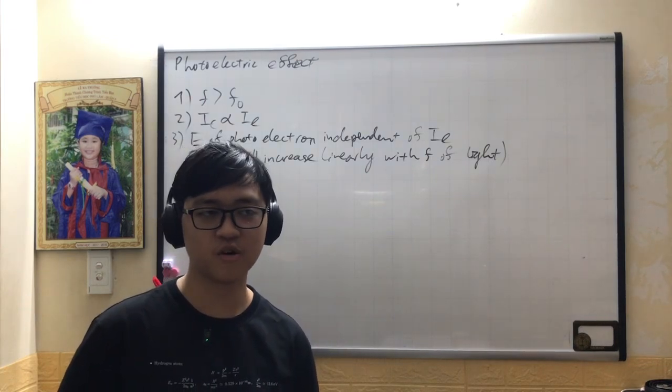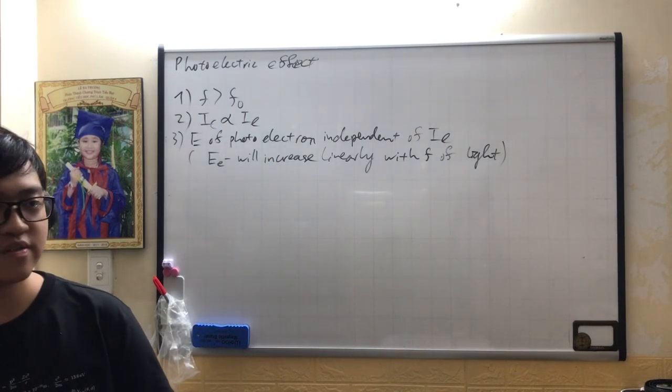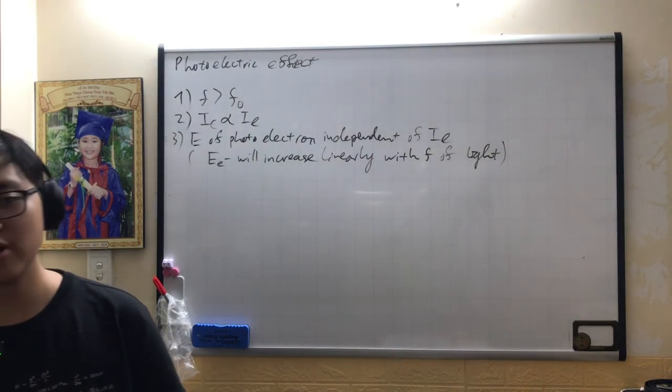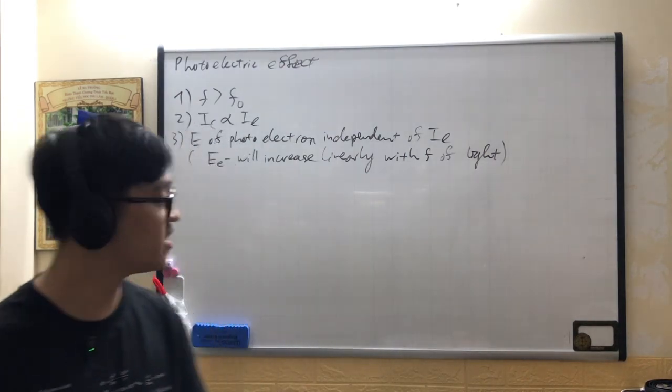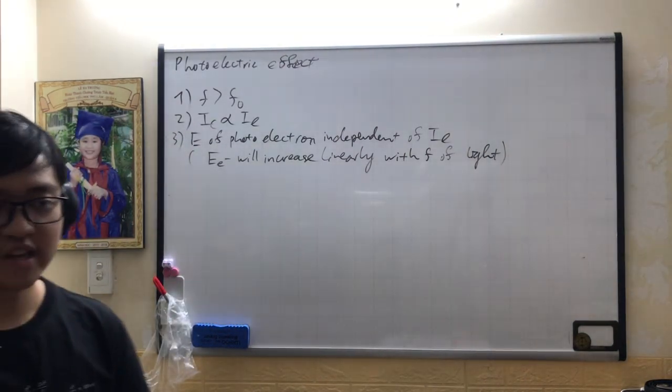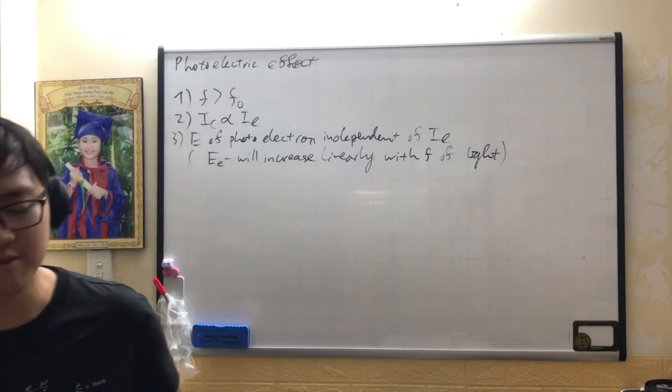This was later worked on by Philip Lenard in 1902, and then in 1905, Albert Einstein proposed the complete photoelectric effect, and that earned him a physics Nobel Prize, I believe.